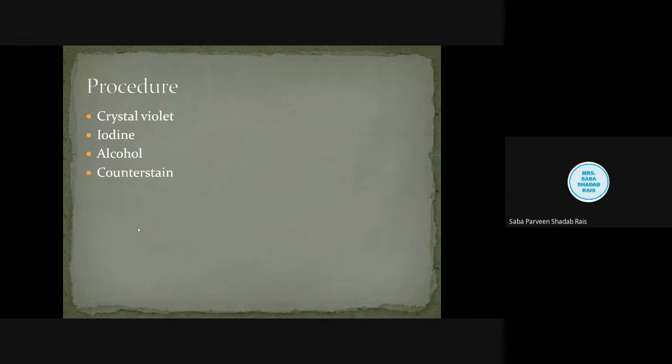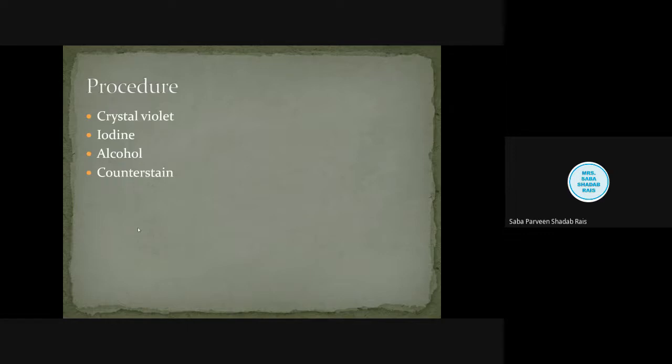Now, earlier we saw that the crystal violet in the solution form, or you can say the aqueous form, converts into ions. So this iodine forms an insoluble complex. It binds with the crystal violet, that means the CV+ ion. So here the CV-I complex will be formed, and this complex is in insoluble form, so it serves to turn the smear a very dark purple color.